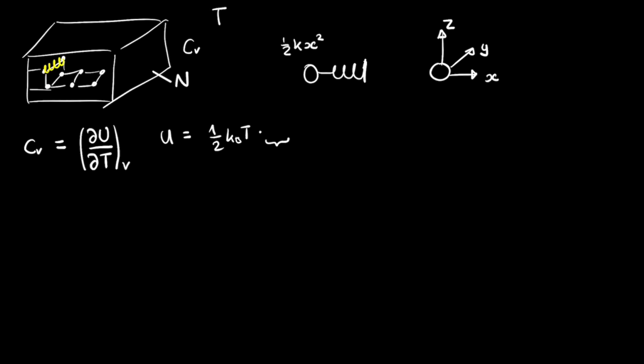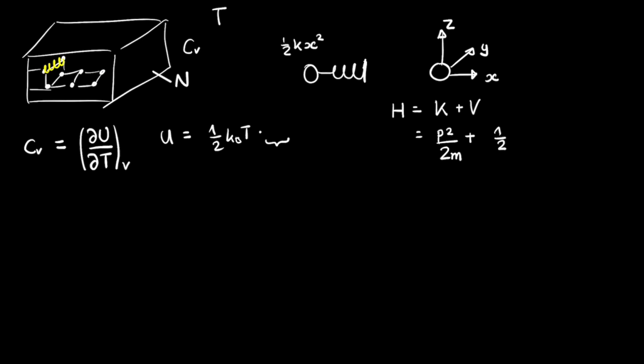But there are also extra terms in the Hamiltonian, extra degrees of freedom. If you remember what the Hamiltonian for a harmonic oscillator is, it's the sum of the kinetic energy plus the potential energy V. So we've got this p squared over 2m, which is what we said the kinetic energy was in the last video, and we've also got the potential energy, which I just said was 1/2 kx squared.